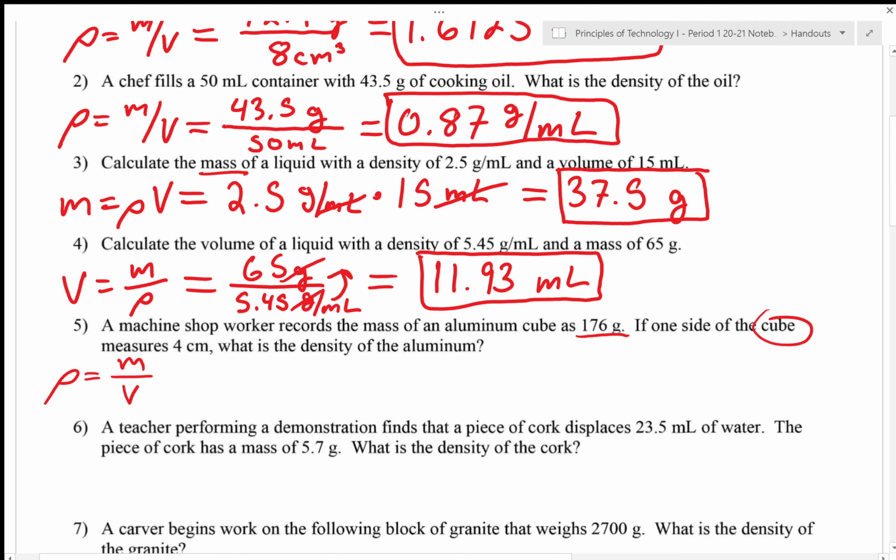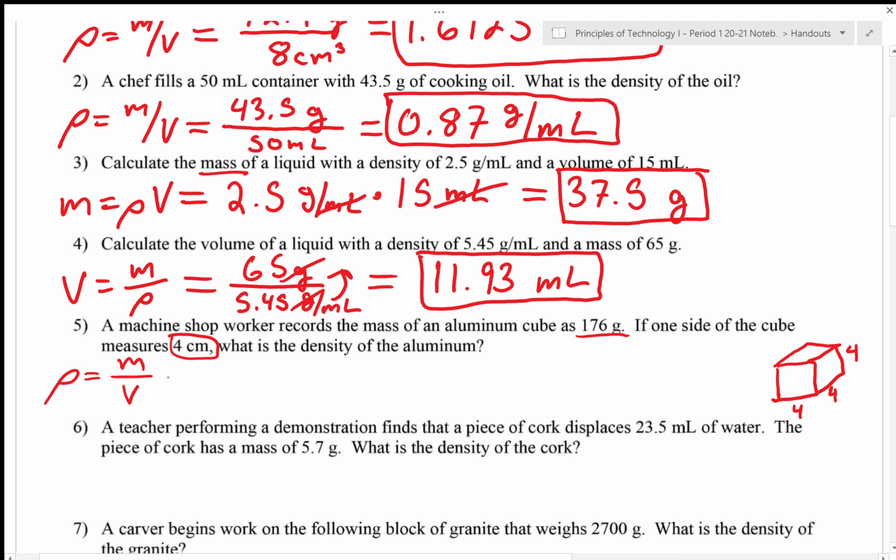that measures 4 centimeters on a side. So if we have a cube that is 4 centimeters on a side, it's going to look something like this. And it's going to be 4 by 4 by 4.